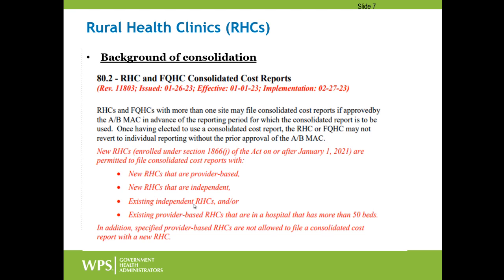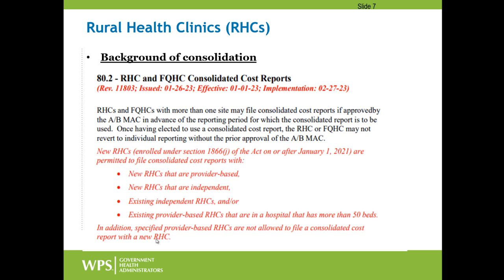The exception from the limit only applied for hospitals under 50 beds. So the new RHCs can only consolidate with those that were not exempt from the limit. You could also consolidate with existing provider-based RHCs as long as they're in a hospital with more than 50 beds, because then they're not exempt from the limit.